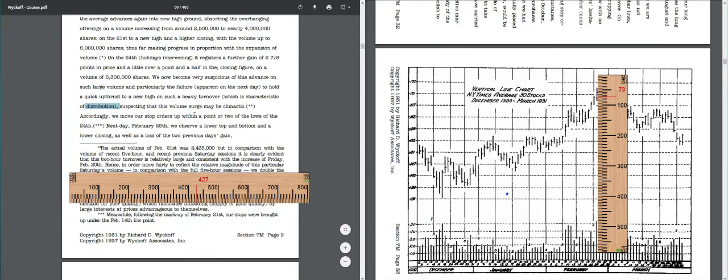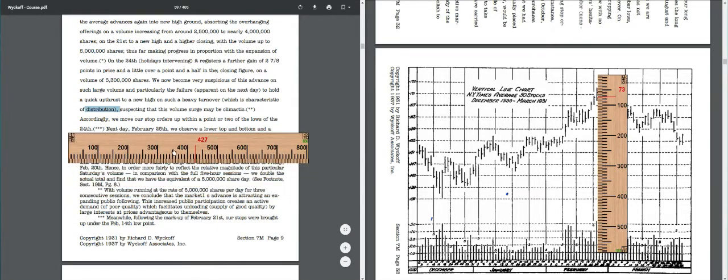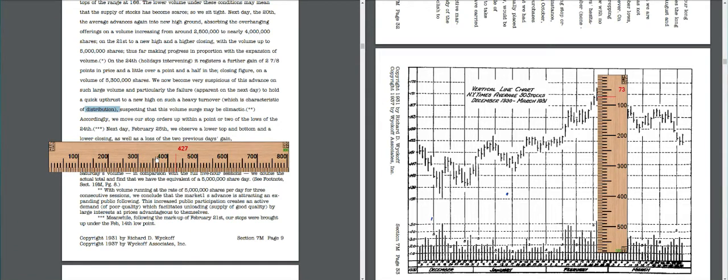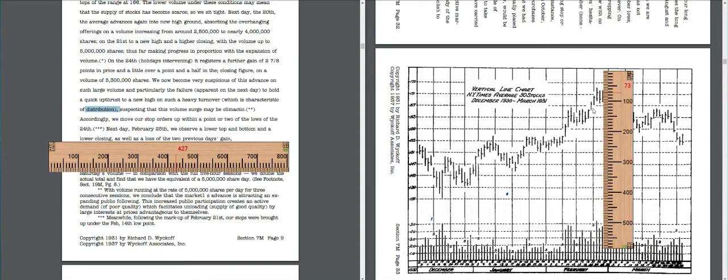So what he says is, next day we observe a lower high and low and close, as well as the loss of 2 prior days gains. So what is he looking for? How much this bar here that was unable to hold, because of that upthrust, its close is less than prior 2 days.